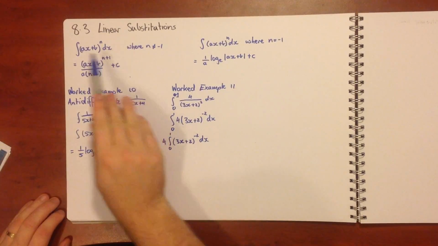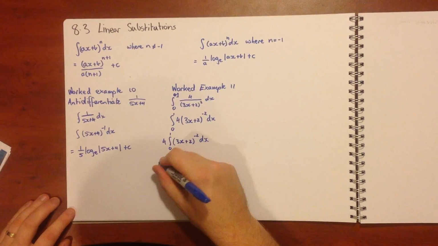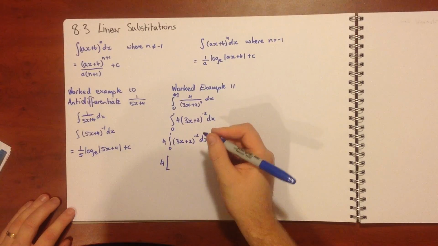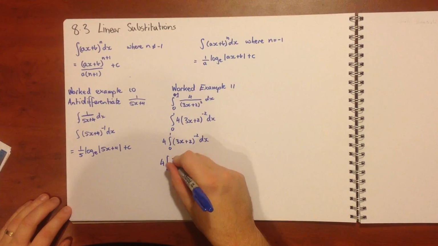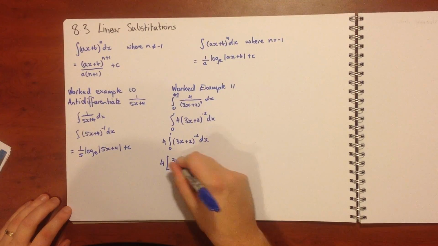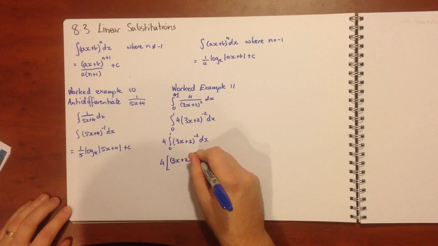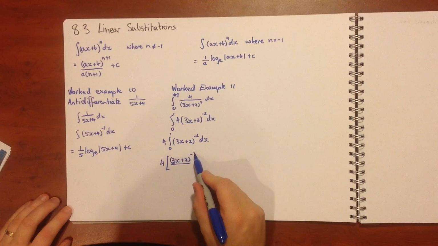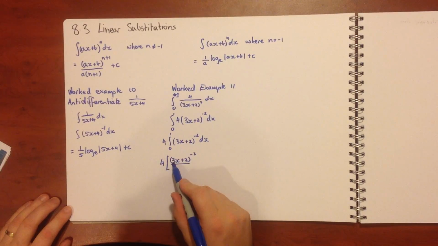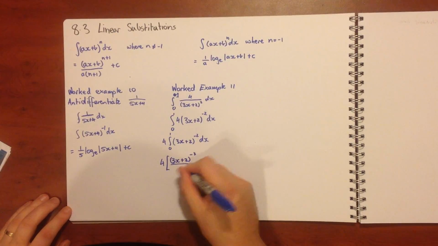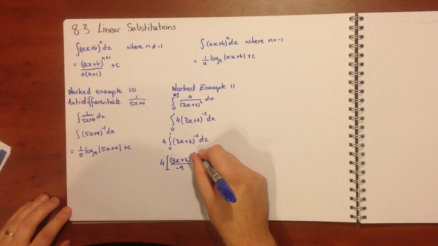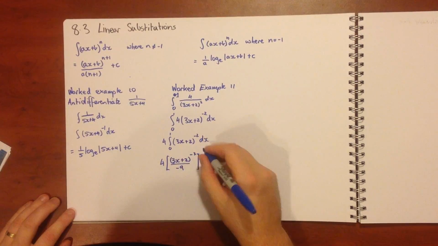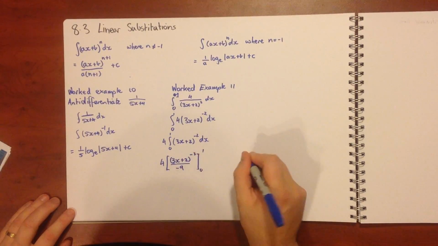And that's going to be one of these cases here. So we're going to get 4 outside of 3x plus 2 to the power of negative 3, and we're going to divide it by negative 3 times our coefficient of x, which is 3, which gives us negative 9. And that's from 0 to 1.